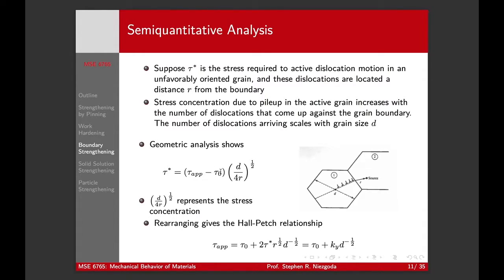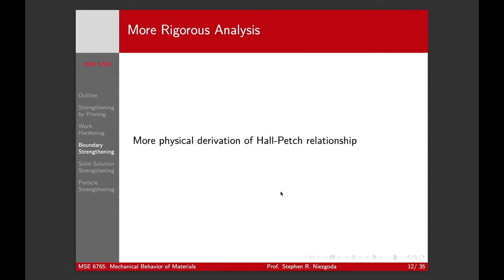This is the inherent yield stress, so this is what needs to be overcome to make flow happen. And we can rearrange this to give us the Hall-Petch type relationship. This is the Hall-Petch coefficient, d to the minus one half, one over the square root of the grain size. In class, we'll go through a little more physical derivation of the Hall-Petch relationship.